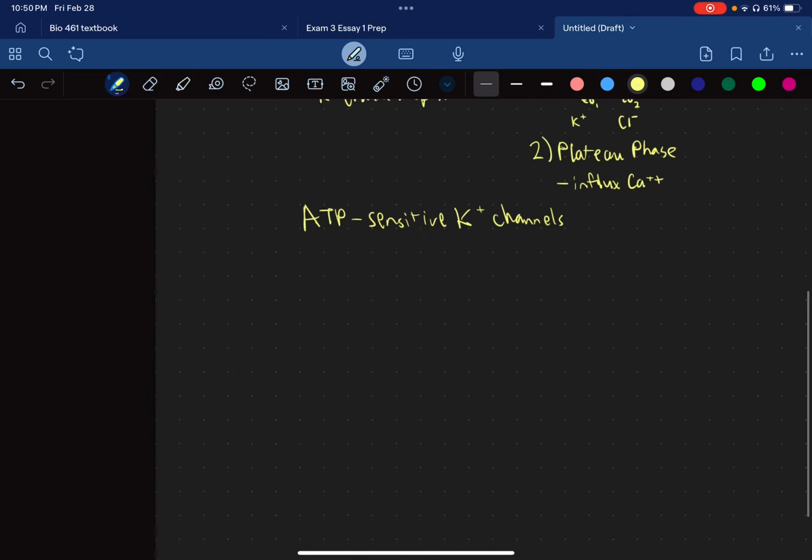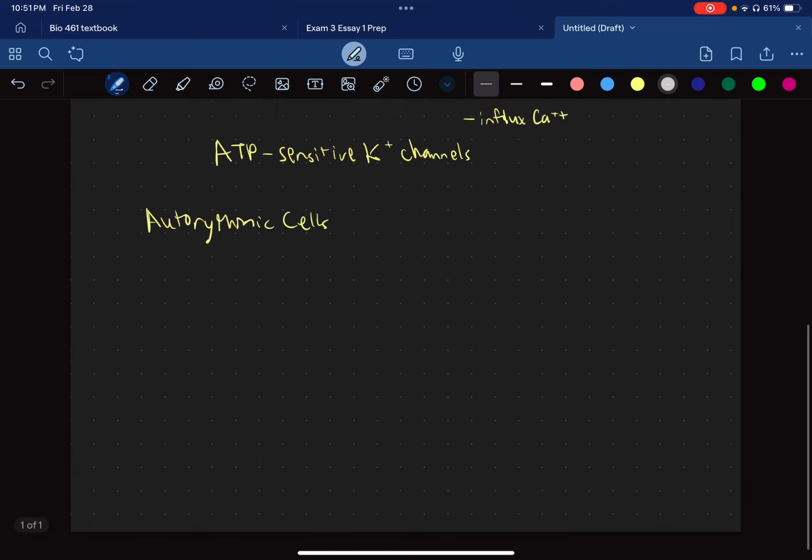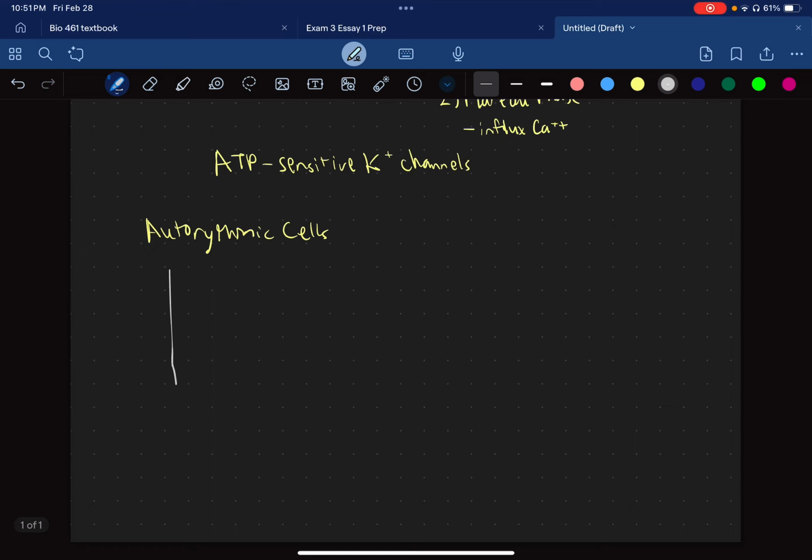Let's move on to the autorhythmic cells. Graph is going to look a little different. Threshold here, down here, is about -60.